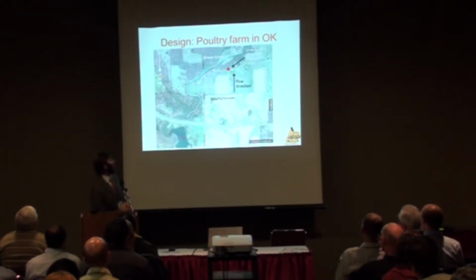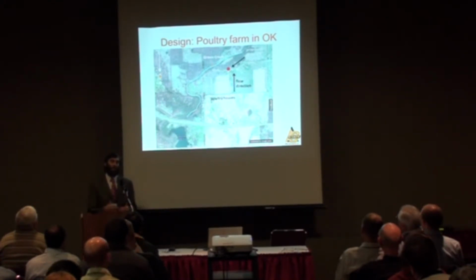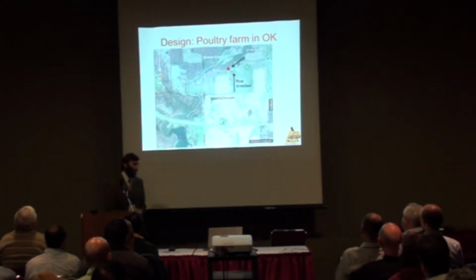And that's not very far from the poultry farm. So the red dot shows a nice spot where water was already somewhat naturally converging. We decided this was where, after taking some grab samples, we were going to build the structure.